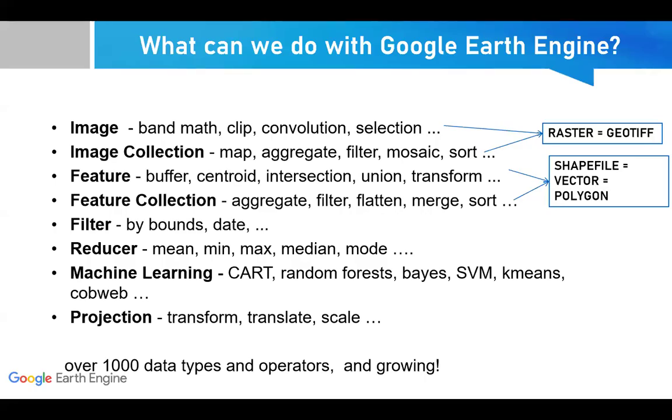And then the most important thing before we export or download the data is that we should set the scale, let's say the resolution, and then set the coordinate reference system, and then we can export it and maybe analyze it in another software.